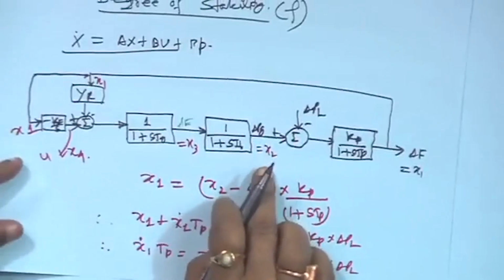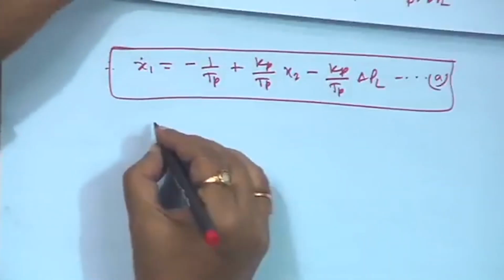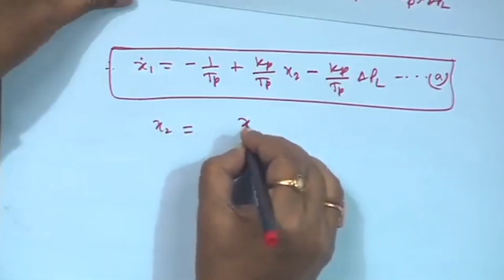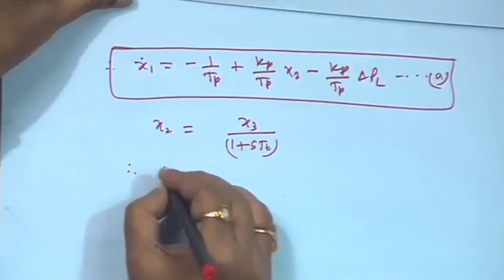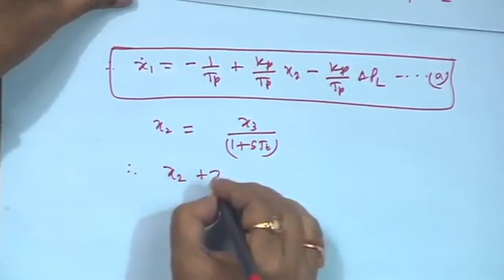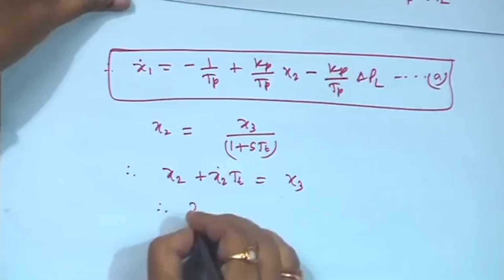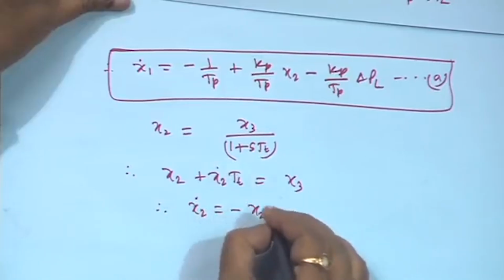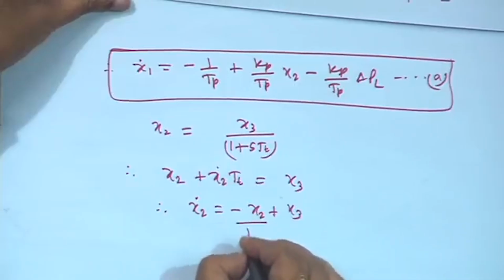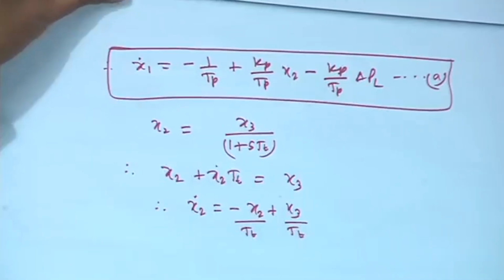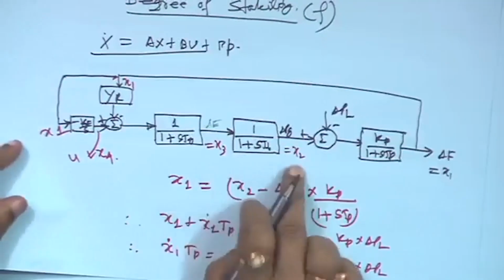Similarly, x2 is equal to x3 into 1 upon 1 plus sTT. So, x2 is equal to x3 upon 1 plus sTT; cross multiply, therefore s x2 means x2 dot TT is equal to x3. That means x2 dot is equal to minus x2 plus x3, divided by TT. This is equation B.